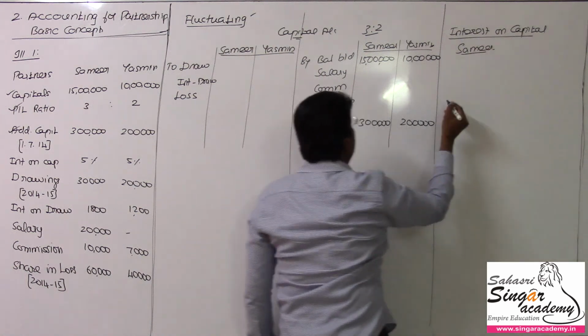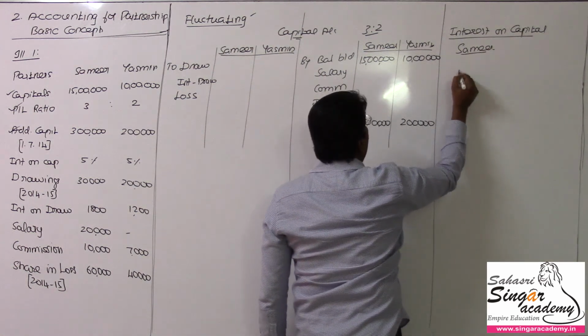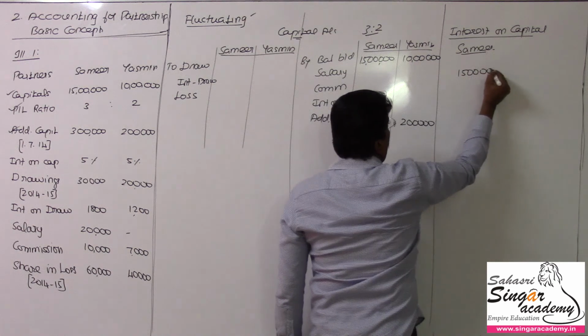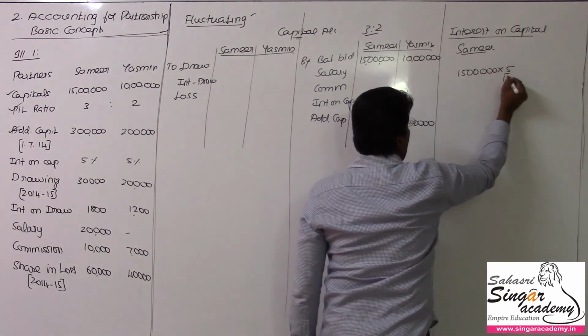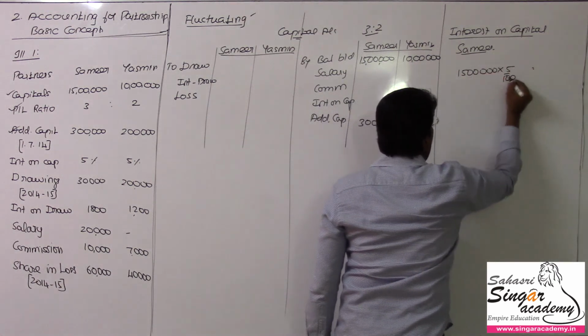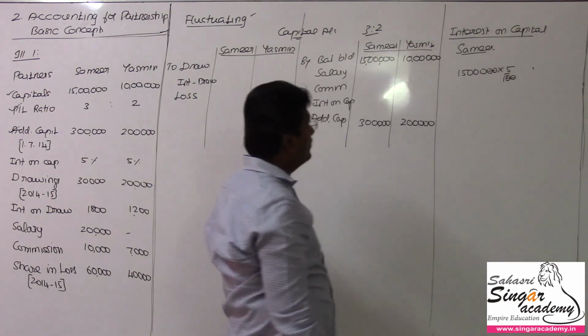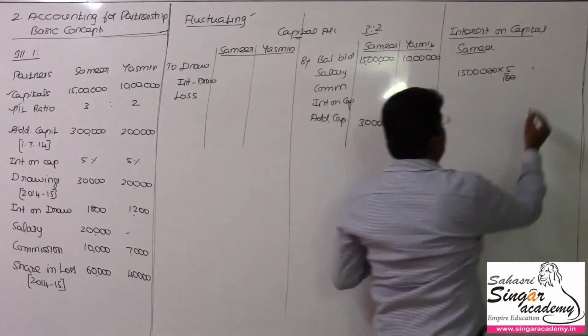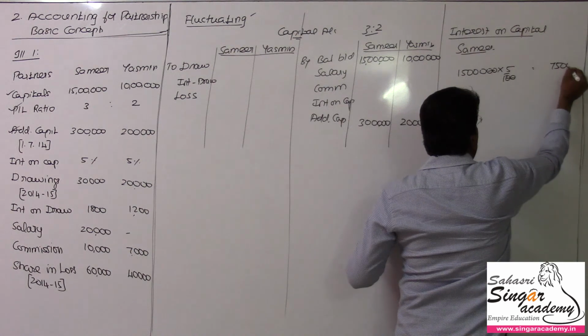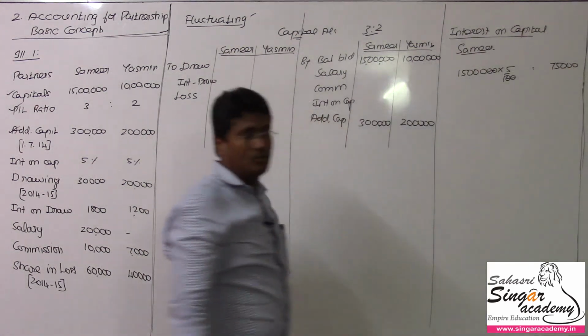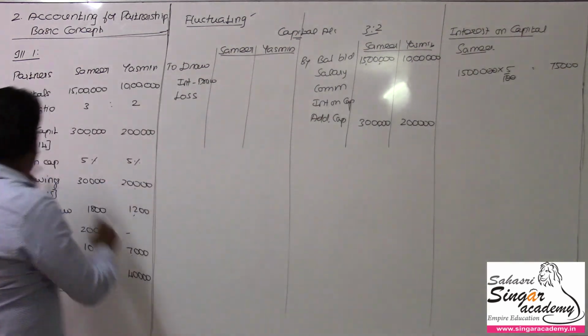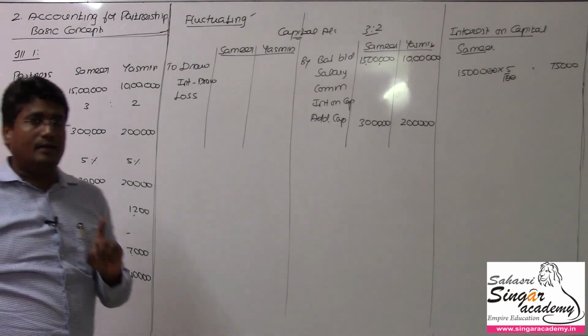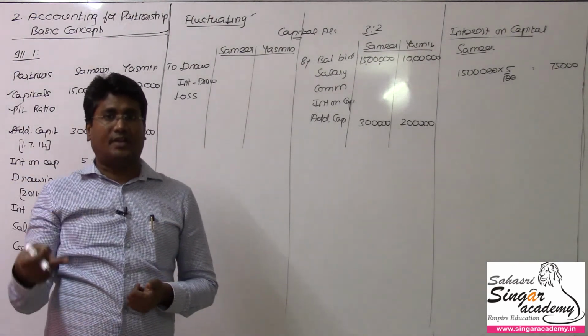For the original investment of 15 lakhs, the rate of interest is 5%. For the 1 full year it will be eligible. So 75,000 is the interest on capital for the original amount. Then additional capital invested on 1/7/14, year ends on 31st March of 15.